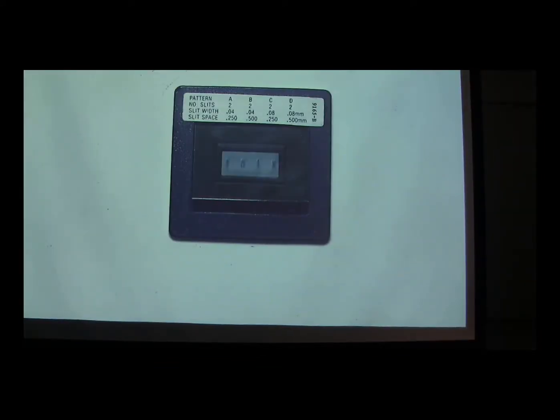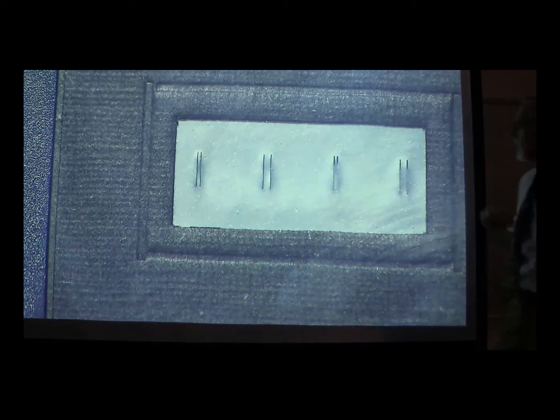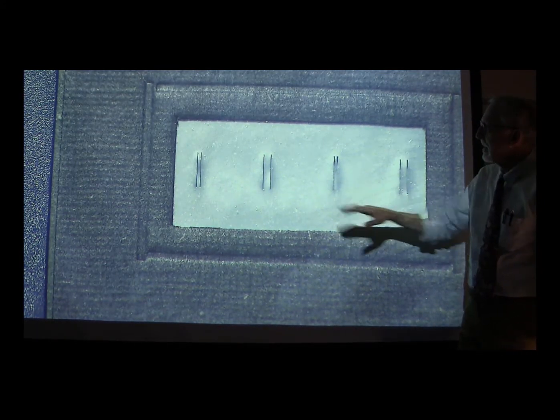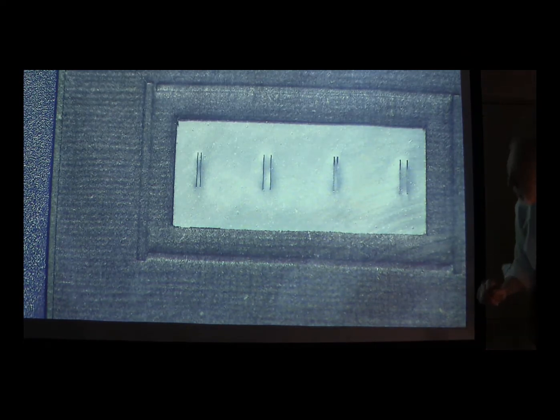If you'll remember, last time we looked at the double slit experiment where we used these two slits. Here's a slide with these 4 pairs of double slits, and we sent the laser through one pair of slits to form the double slit interference pattern.